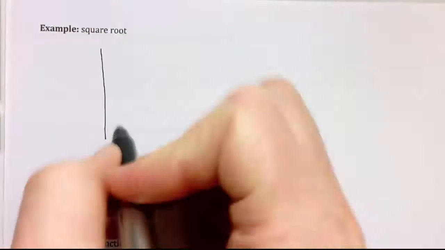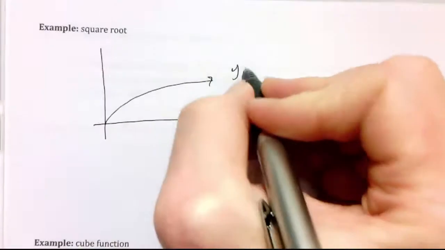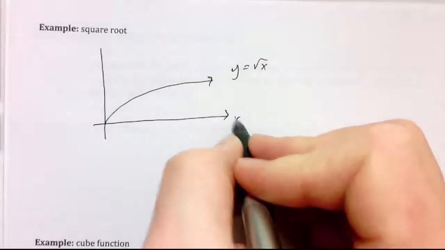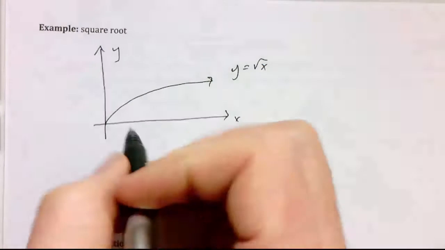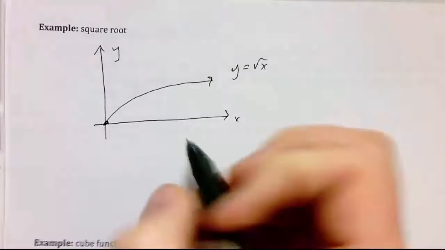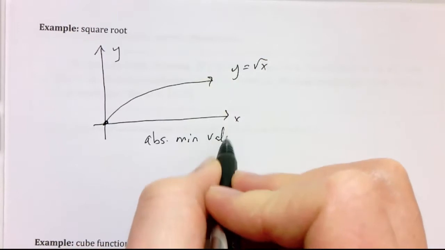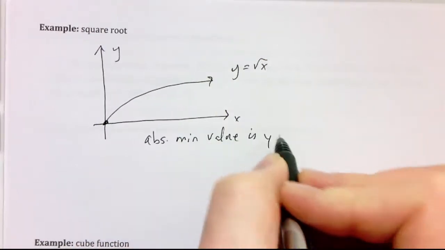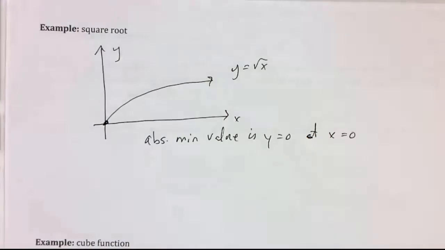Square root function, we saw this one on another page, but just to reiterate. The absolute minimum value occurs right here at the origin. So the absolute min value is y equals 0, and that occurs at x equals 0.